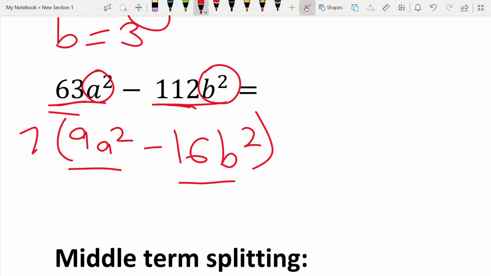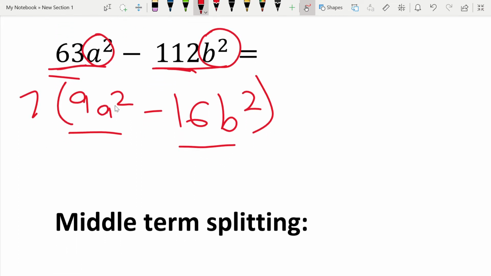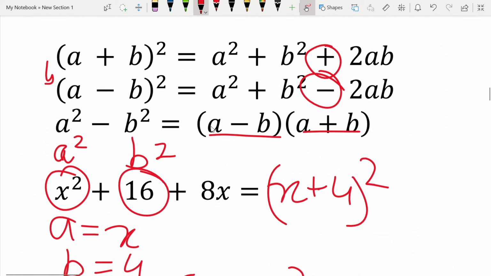Now we can clearly see this and that, right? So we can write that as a minus b and a plus b.